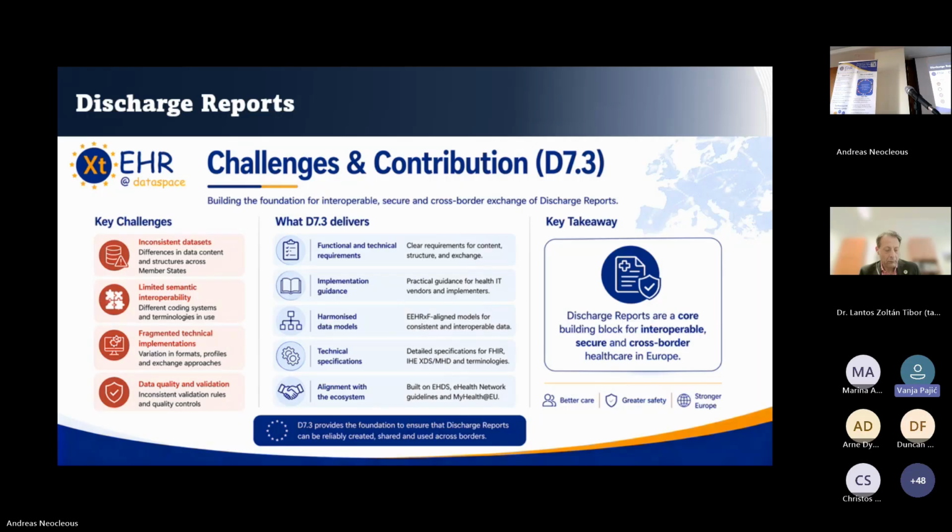It will live in some shape and form through the My Health EU project, if you will, and of course the other communities, HL7, IHE, will keep track of things. Still, there are many experts that were involved in this project that I would like to stay in close contact with and continue working on further refining the discharge report.